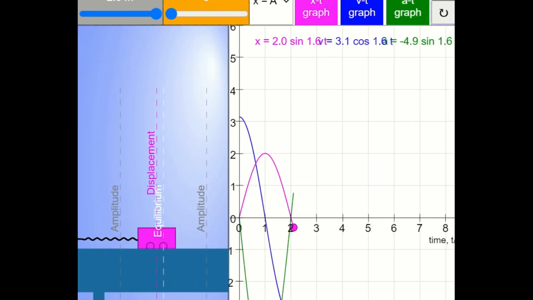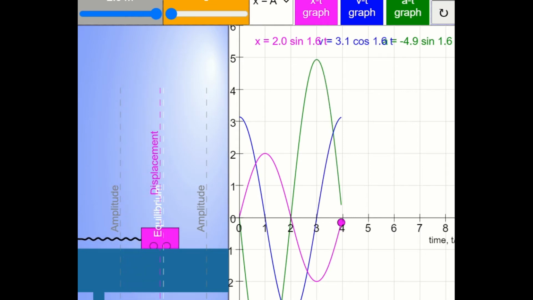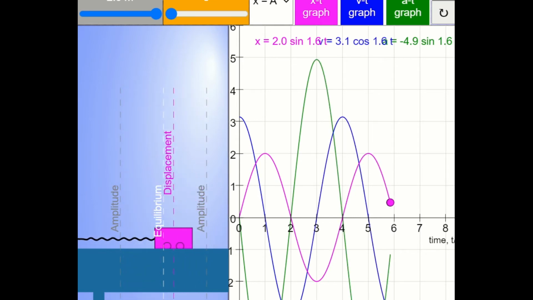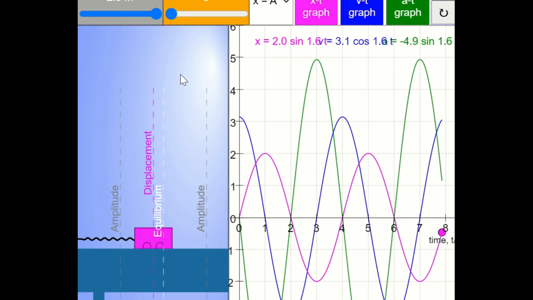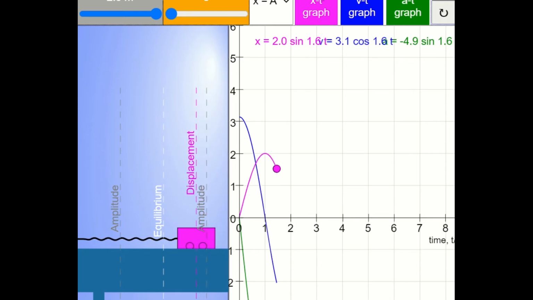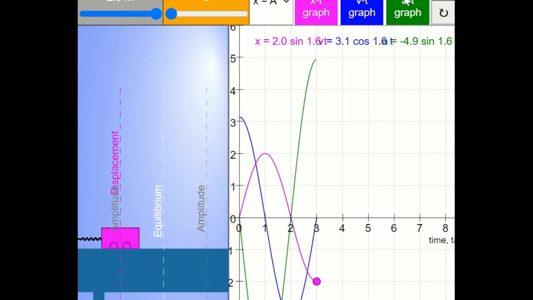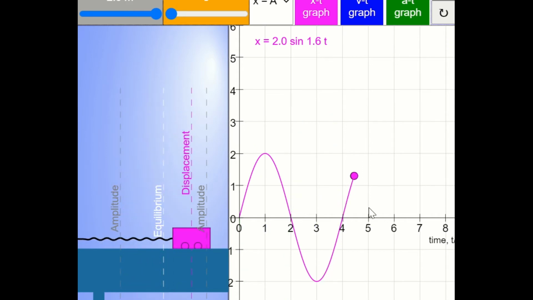And this is the example of a horizontal simple harmonic motion. As you can see here, we have the equilibrium position at the center, and let us focus only on the graph of displacement against time. We only have one graph.